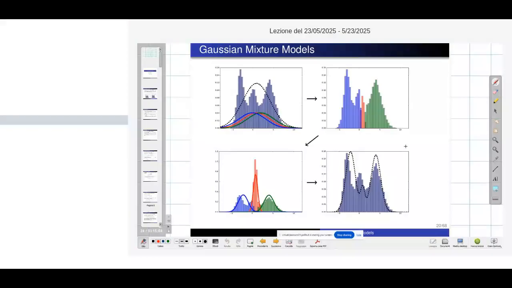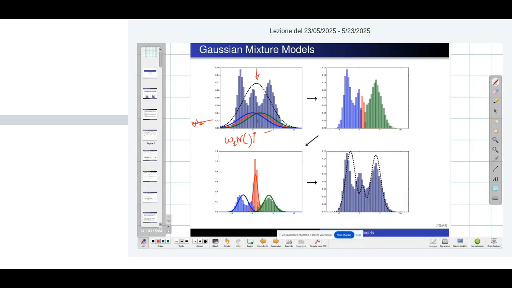In this example, we have the three components that I was showing you yesterday. We start with an initial GMM which has three Gaussians. The three colors correspond to the three components of the model. And why are they smaller? Because each of them is already weighted by the corresponding weight. So the sum of these three curves is the density. Each of these represents already W1 times the normal.